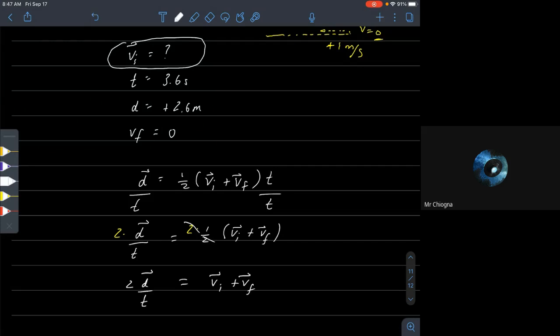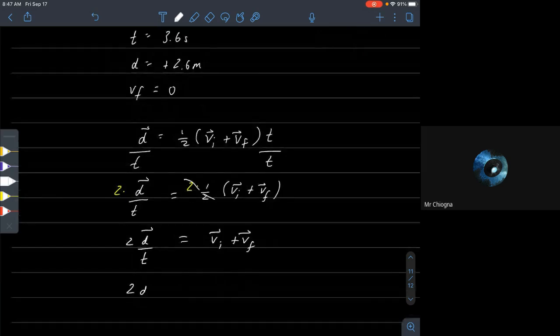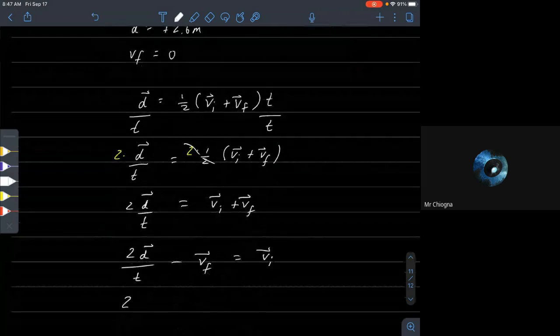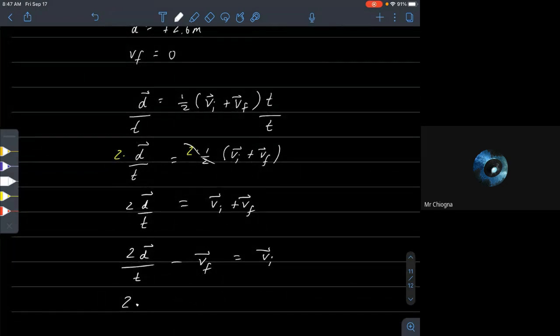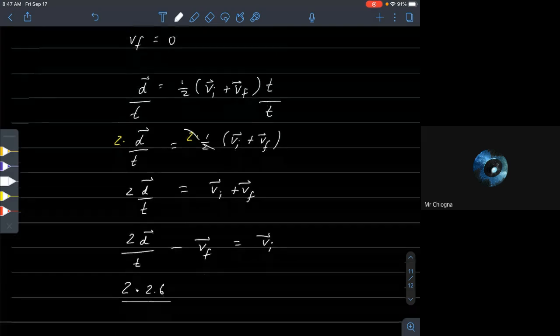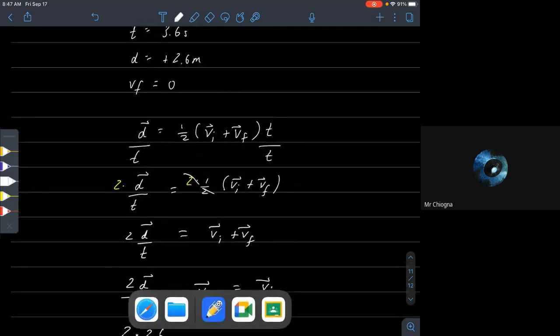And then subtract VF from both sides. Okay, and then just plug in. The time is 3.6.